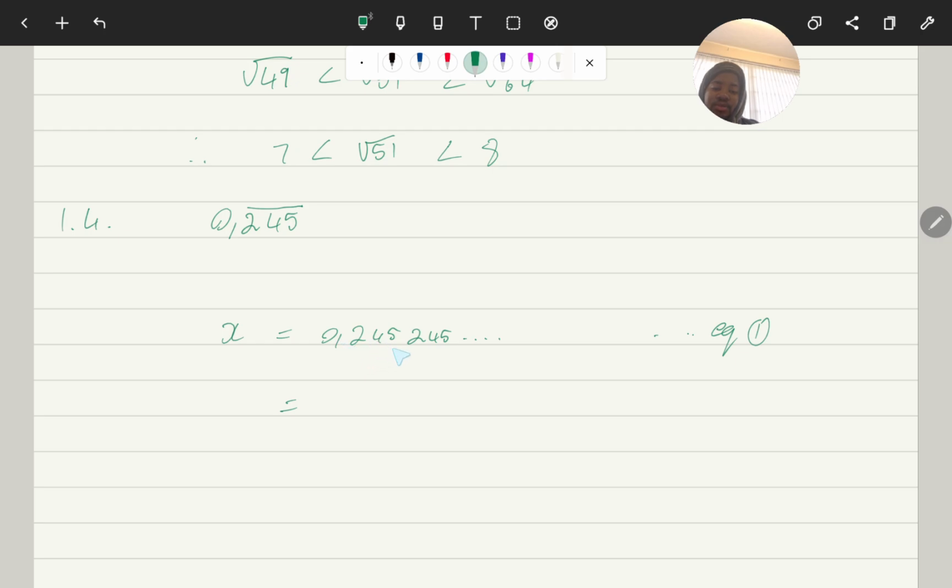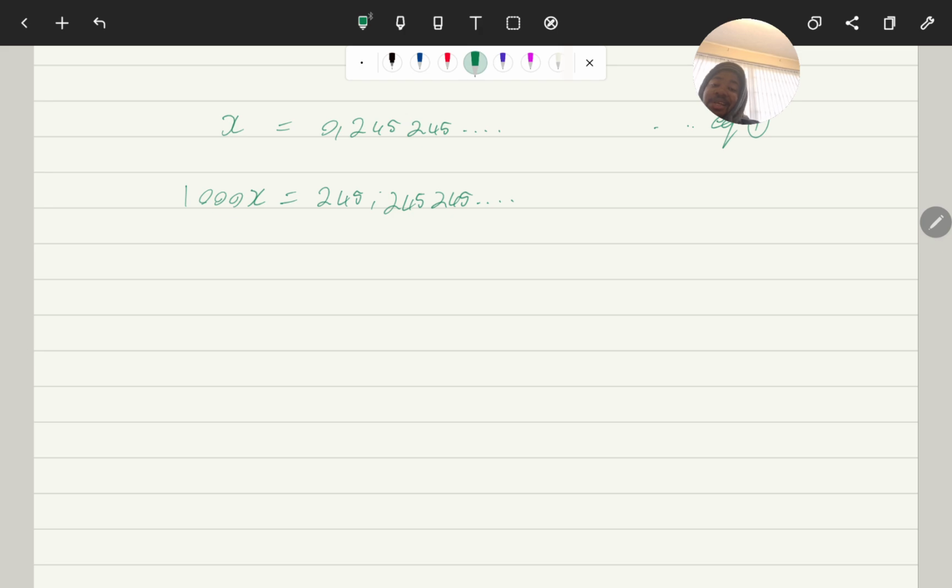So 1, 2, 3, then everything is the same, so I'll multiply by 100. No, not 100, by 1000. So I'll have 1000x equals 245 comma 245 245. Now everything after the comma is the same between these two equations. This is equation 2.